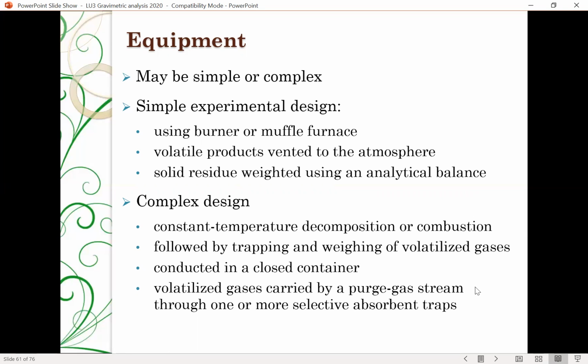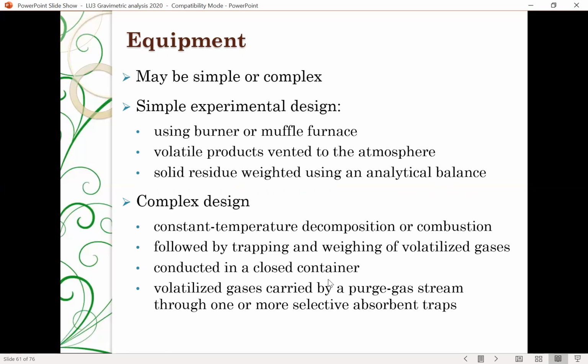There, the volatilized gases were trapped in a drying tube and another tube containing chemicals that convert our product into something else that we can quantify and calculate.